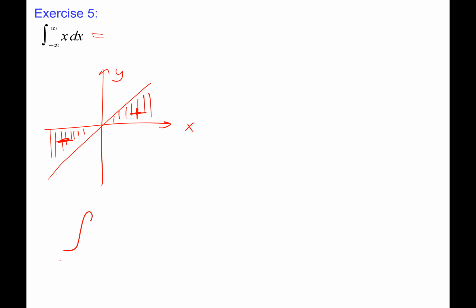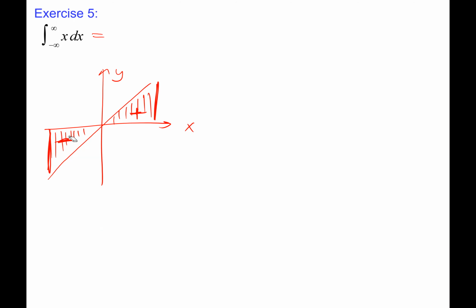If I give you the integral from negative 2 to positive 2 of x dx, of course, we don't even have to think. It is 0. But unfortunately, I don't have finite limits. It's an improper integral.